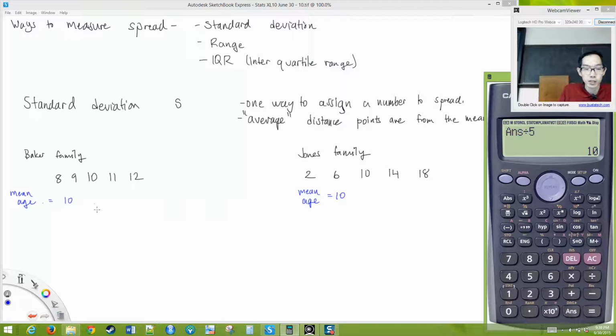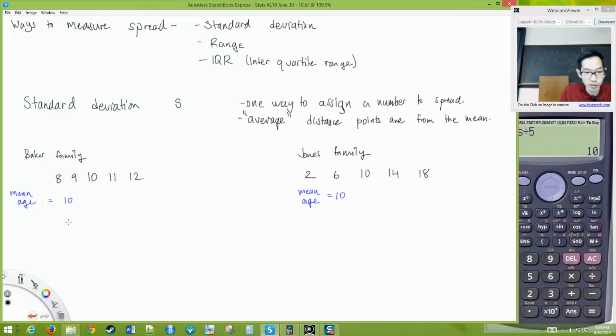All right. So if the mean age is 10, let's look at each of these numbers, and we ask how far is each age from the mean? Let me rewrite these numbers down here.